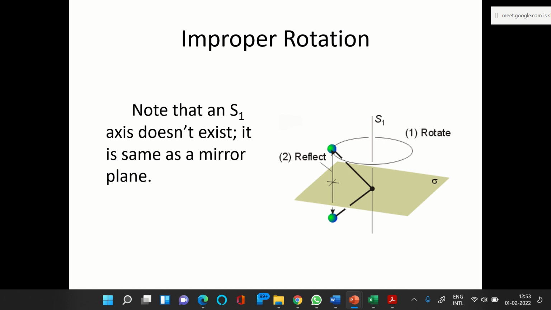So if you look at it, what we have done is so simple. If you look at the S1 rotation, what does it mean?